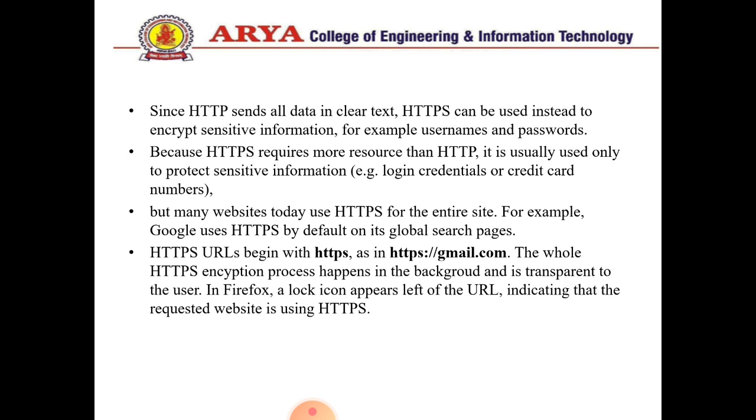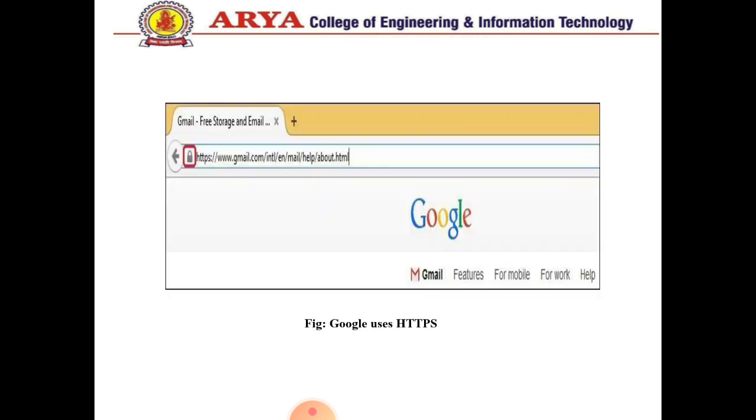Suppose on Google you type the URL www.gmail.com, then you will see that on the left side of the URL HTTPS is written, which indicates that the Google website is using the secure version of the HTTP protocol. In this diagram you can see that when you search gmail.com on the Google website, HTTPS is written on the left side.